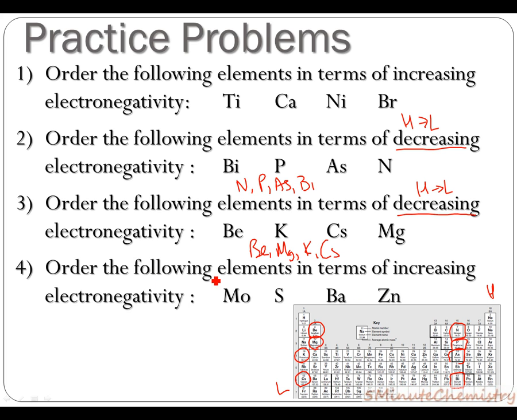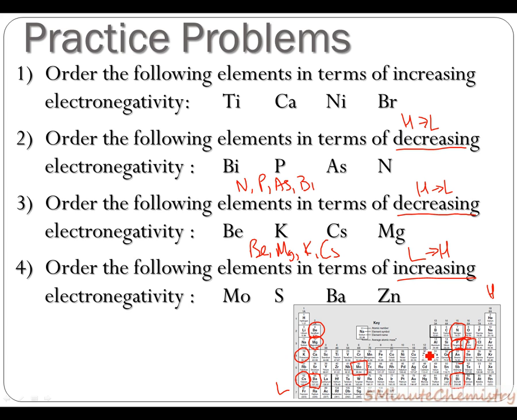Now lastly, I want to order this set in increasing electronegativity. So increasing is low to high. So I've got molybdenum, my Mo value right here. Sulfur, sulfur is right here. Barium, Ba.